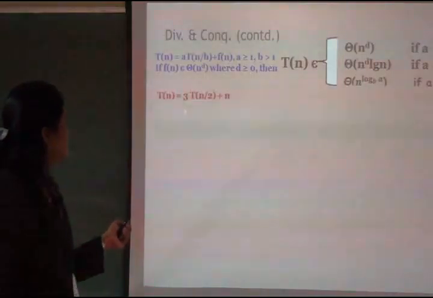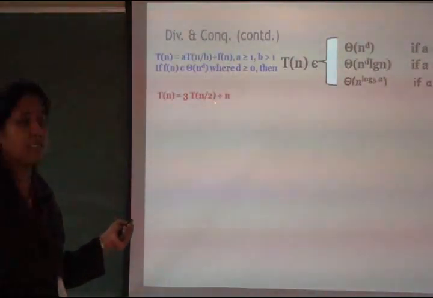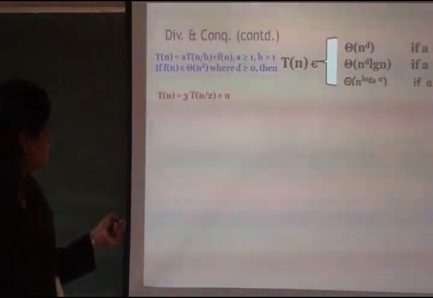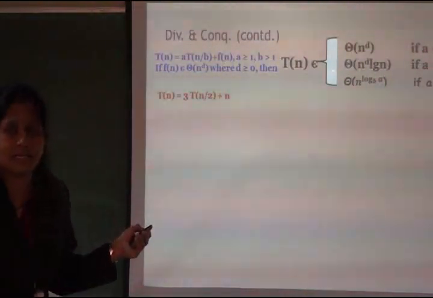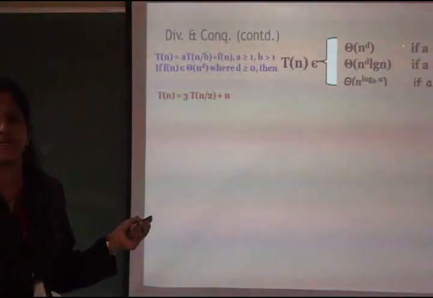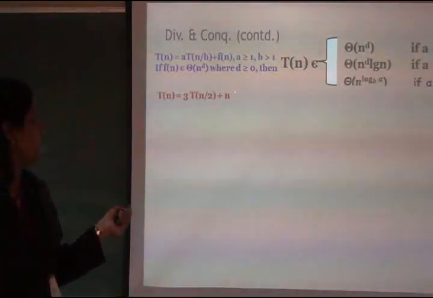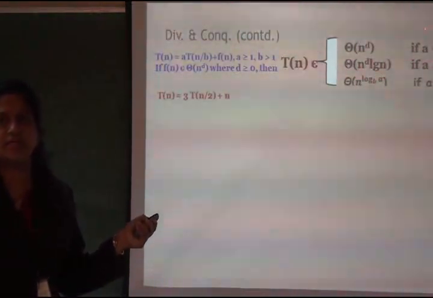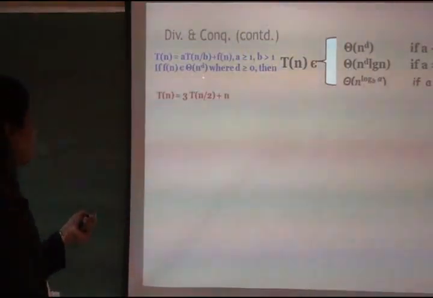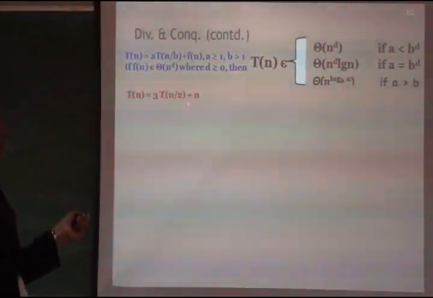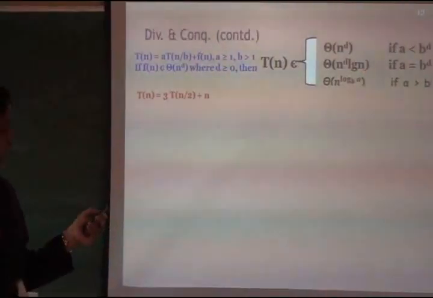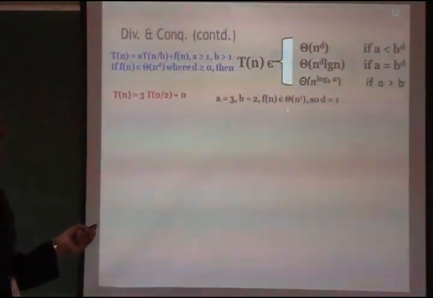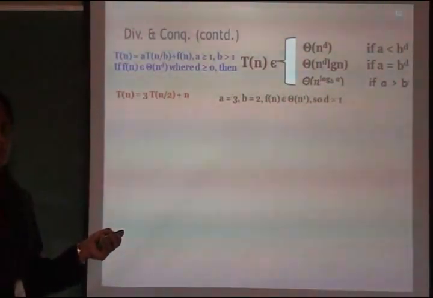Look at this example, T(n) = 3T(n/2) + n. Here a is 3, b equals 2, and n is the total time required for dividing and combining. Here n can be written as n to the power 1, so d is 1.